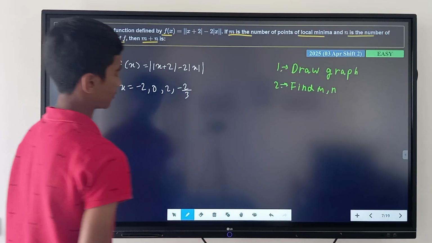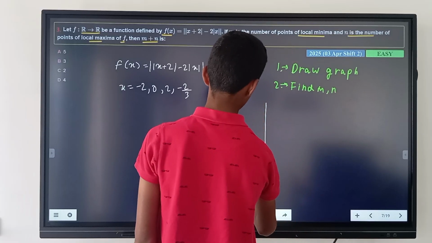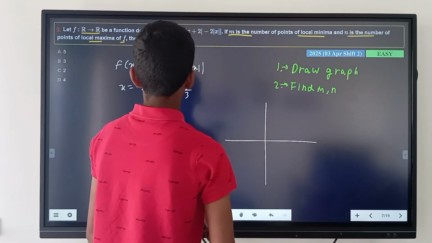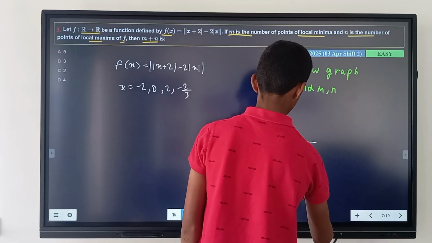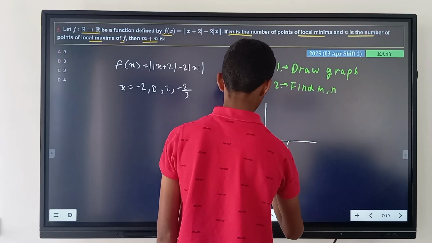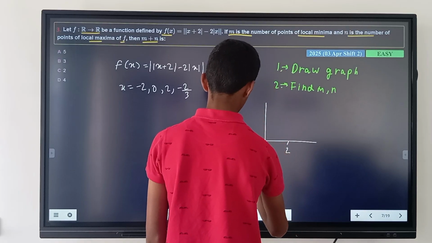Now let's plot these points. This is 0, this is 2, this is minus 2 by 3, this is minus 2.